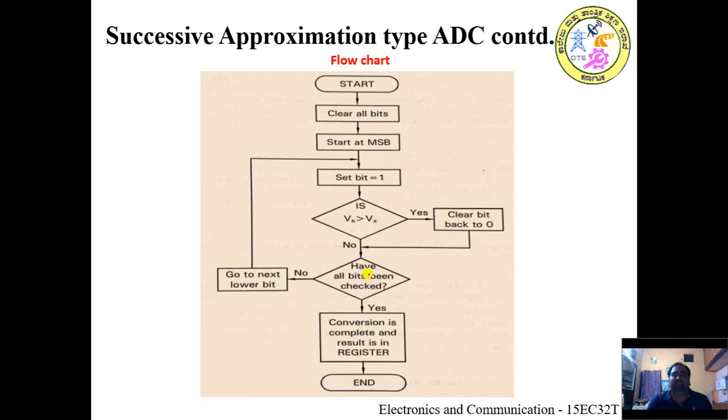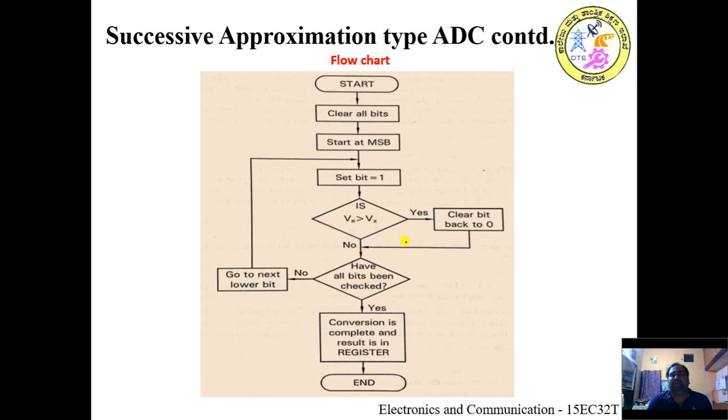If not all bits are finished yet, you will go to the next lower bit and again set it. Again you check whether the digital approximated value is greater than the unknown analog value, and again you repeat the process.